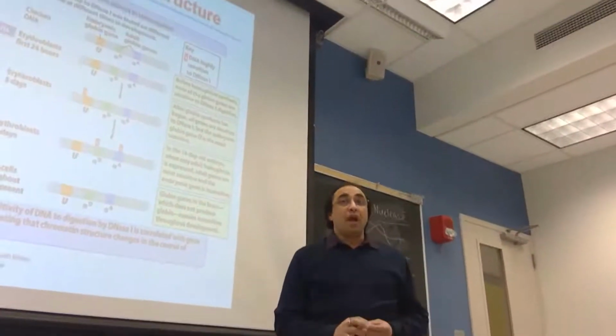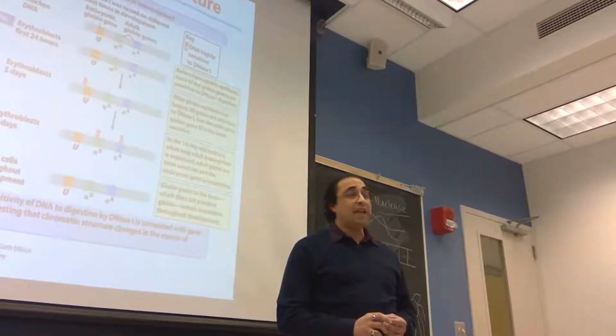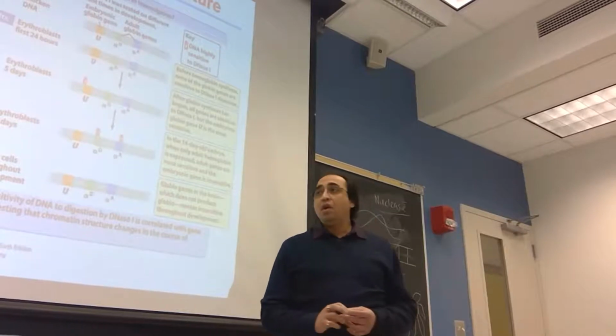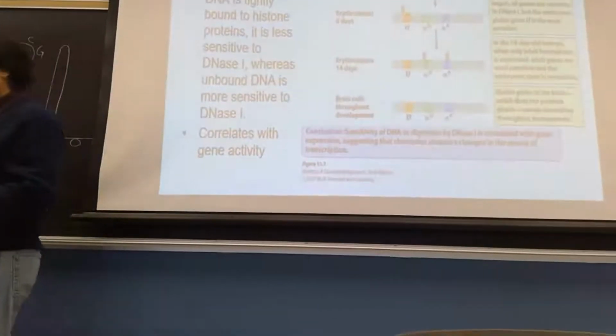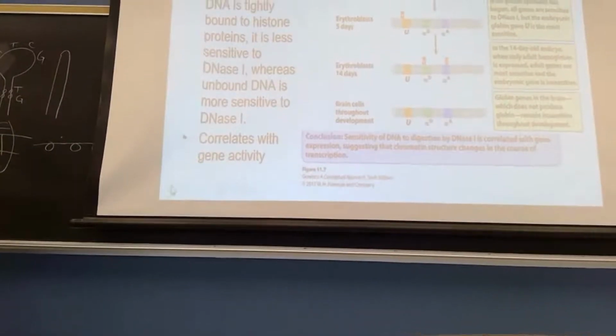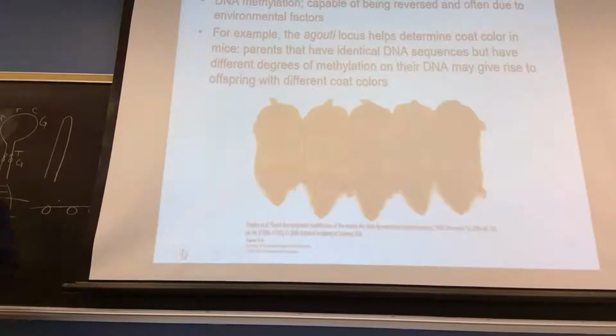It may be that the production of the globin gene causes it, but in the brain cell, there is also production of the globin gene. We really don't know why it is like that. But this is some kind of extra structure we can find in the DNA.